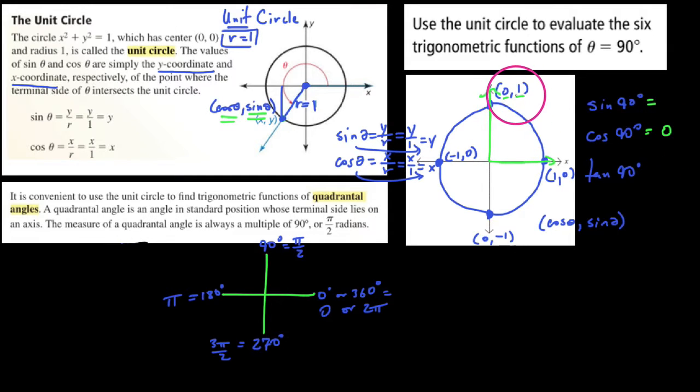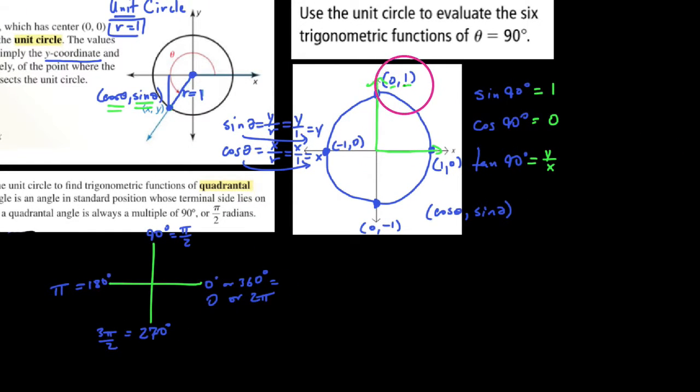Because the y value is the sine value, the sine of 90 degrees is 1. For tangent, this is the y value over the x value, so we take 1 over 0, and we end up with something undefined. We cannot divide by 0.